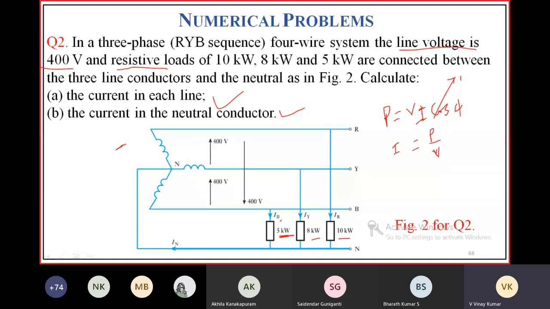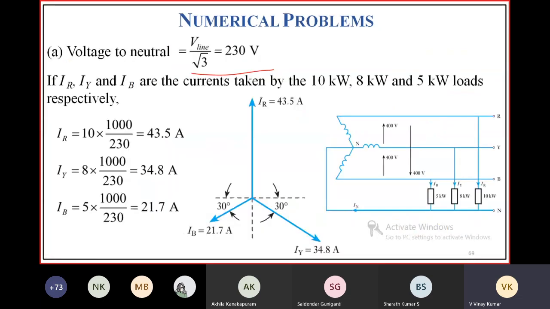So IB is equal to 5 kilowatts by 230, IY is equal to 8 kilowatts by 230, IR is equal to 10 kilowatts by 230.